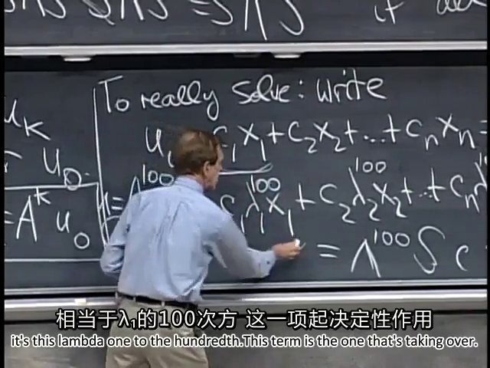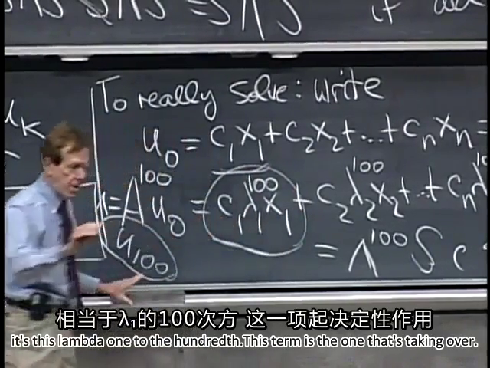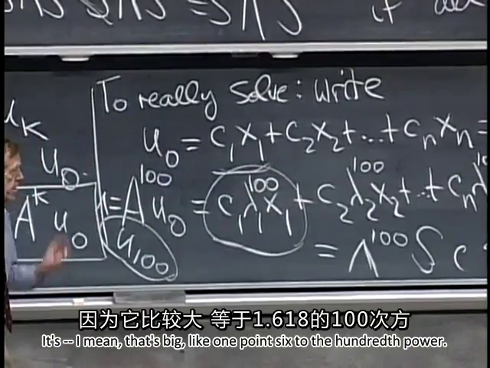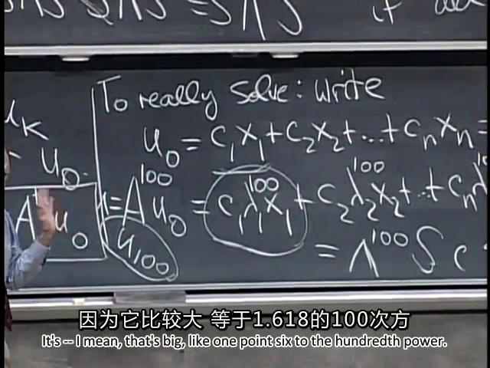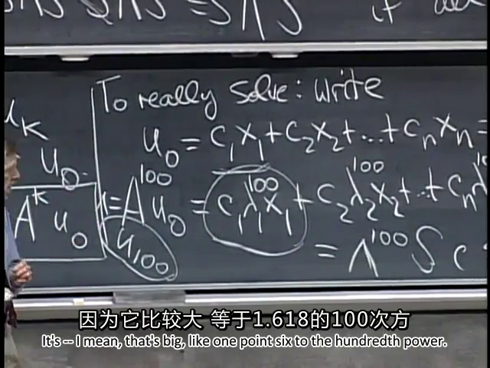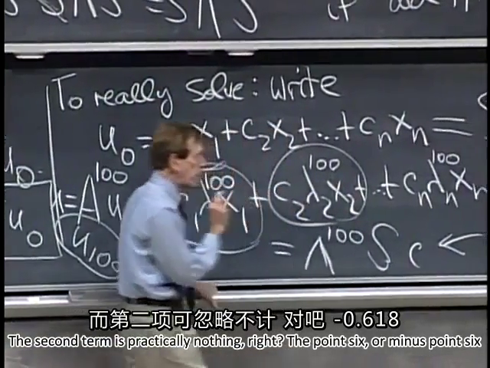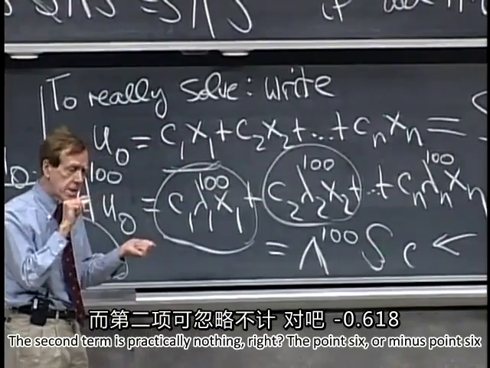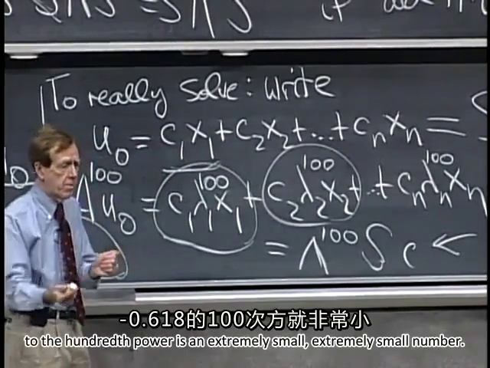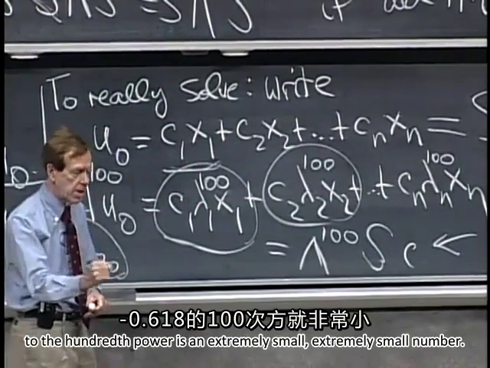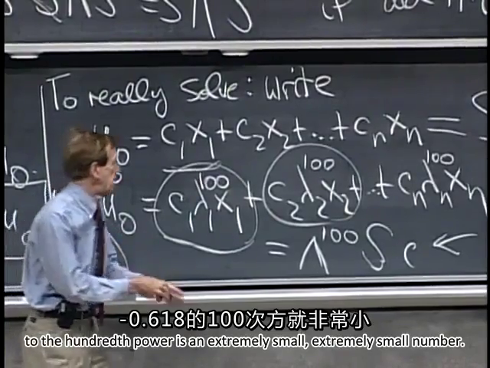This term is the one that's taken over. That's big, like 1.6 to the 100th power. The second term is practically nothing, right? The 0.6, or minus 0.6, to the 100th power is an extremely small number.